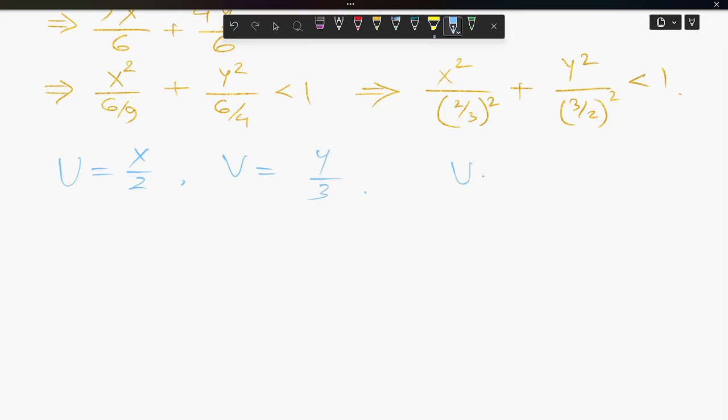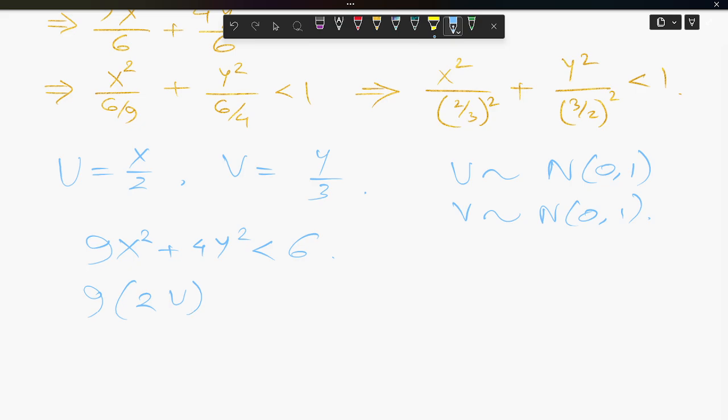Then U is approximated by N(0, 1), and V is also approximated by N(0, 1). So the inequality 9X square plus 4Y square less than 6 becomes 9 into (2U) whole square plus 4 into (3V) whole square less than 6.